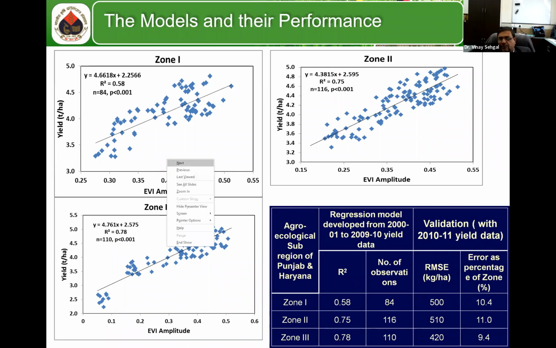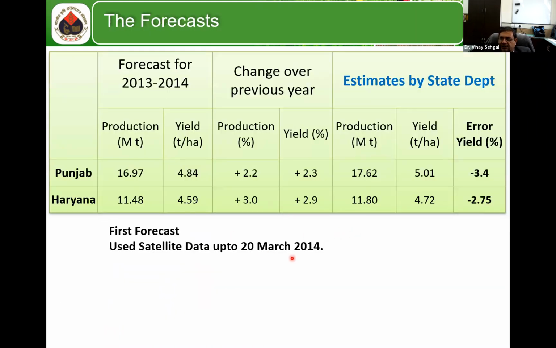Using these models, this was a much older study which we did at IRI, we forecasted using satellite data up to 20th March. We compared what we predicted against the later estimates given by the State Department, DES. Our forecast error was only 3.4% underestimation for Punjab and minus 2.75% for Haryana.